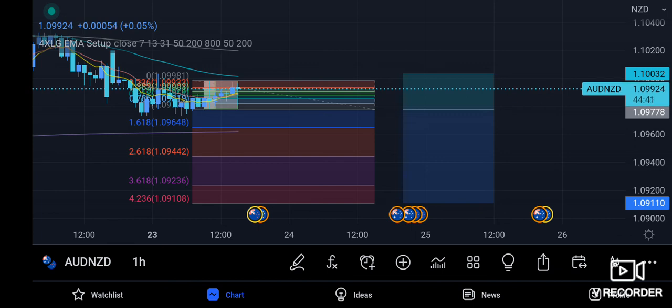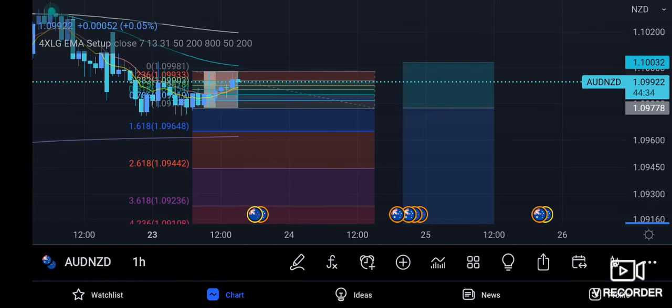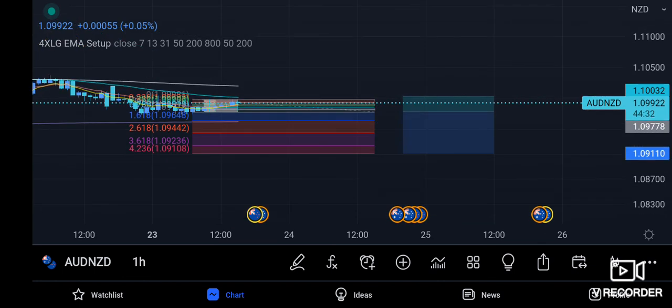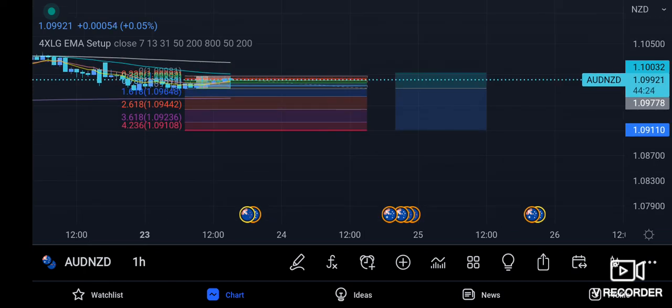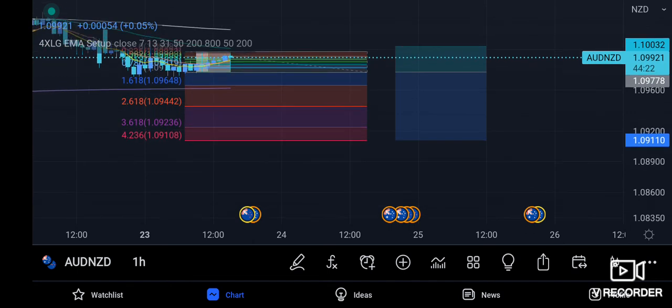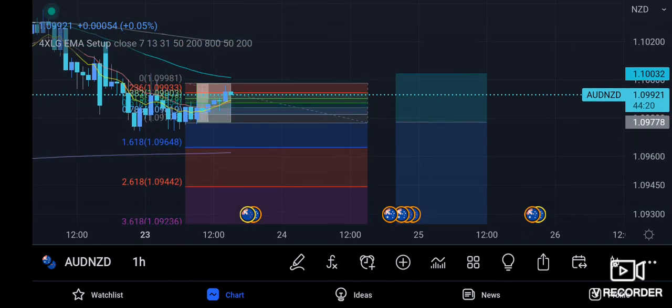Some people like to do 2 or 3 or 4 TP levels. But for this one, the stop loss in the green is 1.10032, and then the take profit is 1.0911. And this is how you do the math, and it's going to be a sell stop.